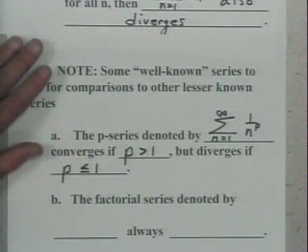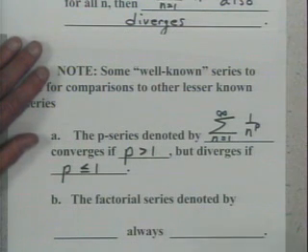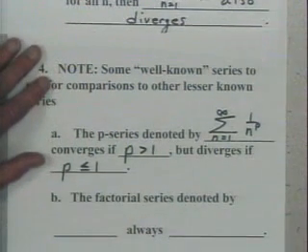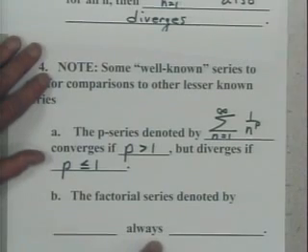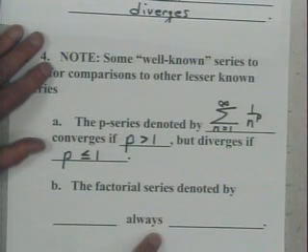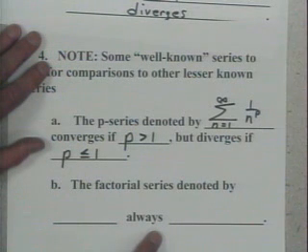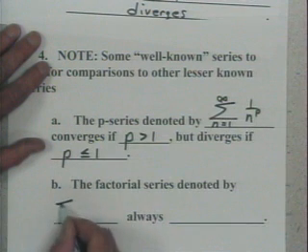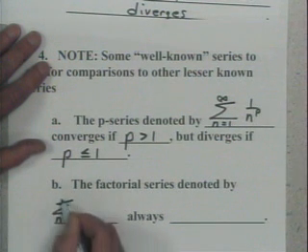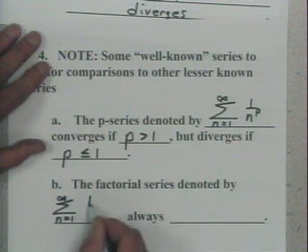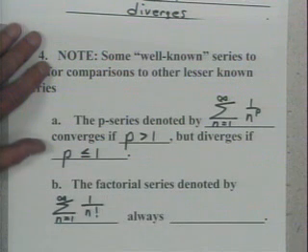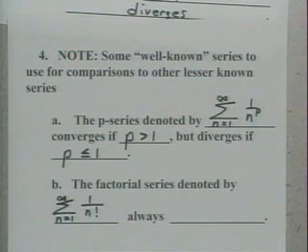So when you pick a series to compare to, you want to pick one you know something about. That's kind of the point. And here's some that we know something about. There's another one we haven't run into before. It's called the factorial series. We kind of save it for this point because it's often used for convergence comparison purposes. It looks like this: n running from 1 to infinity of 1 over n factorial.